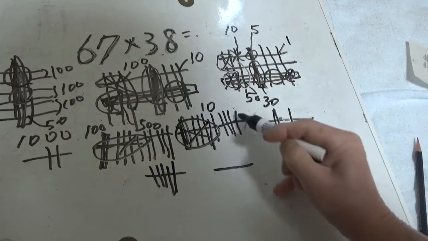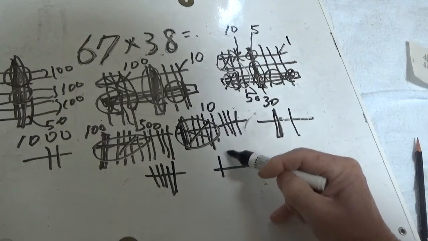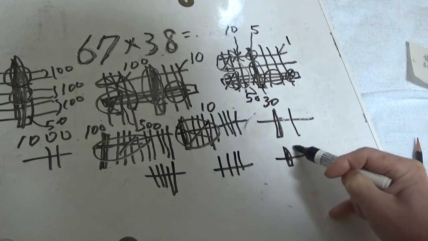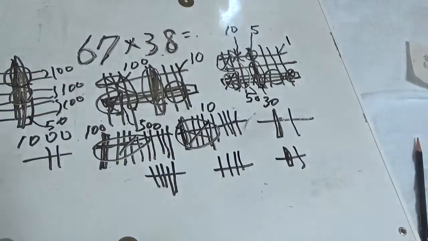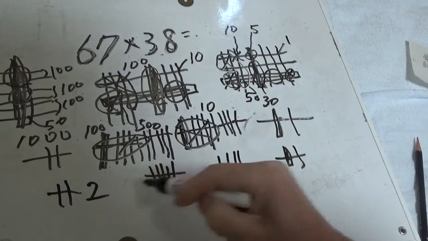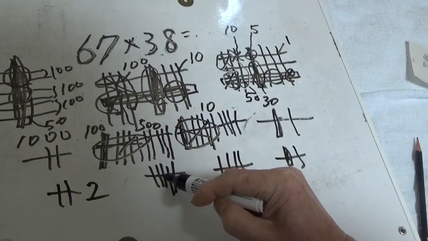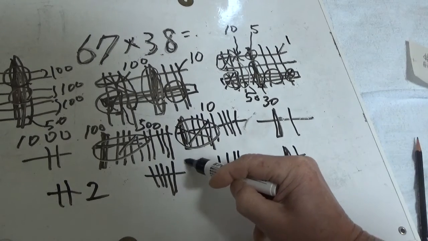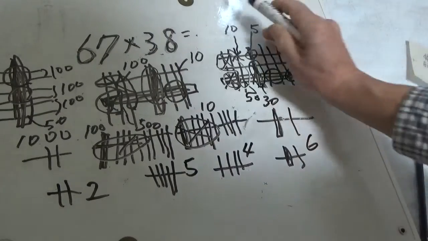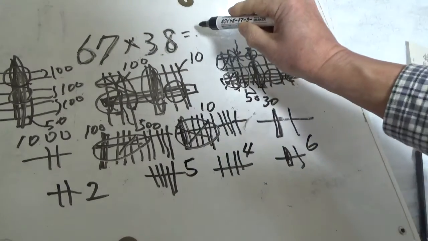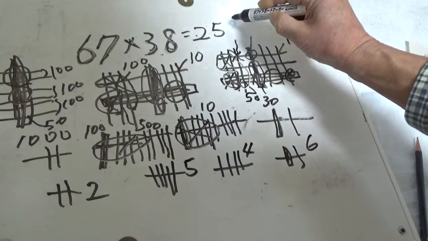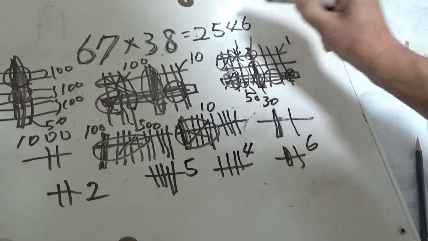And this is 4, remaining 4. So the result is 2000, 1, 2, 3, 1, 2, 3, 4, 5, 546. So it is 2546.